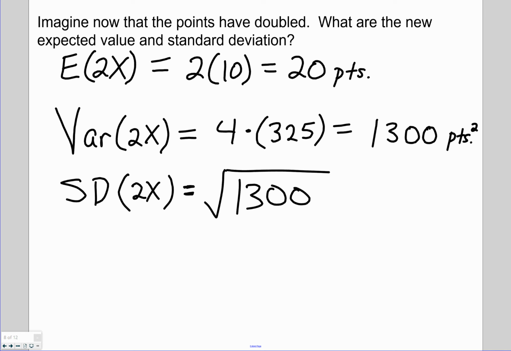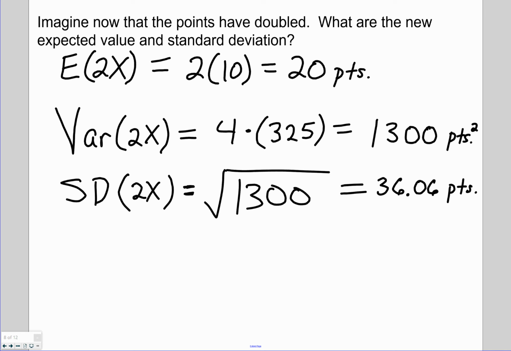And again, I do not know the square root of 1,300, so you'll have to help me out here, please. Anyone? You got to turn it on the side, I know, right? The iPhone. 36.06 units. Points.